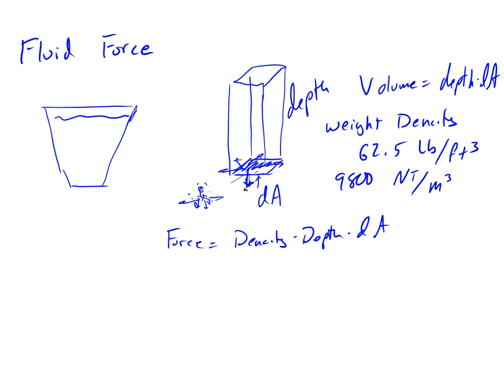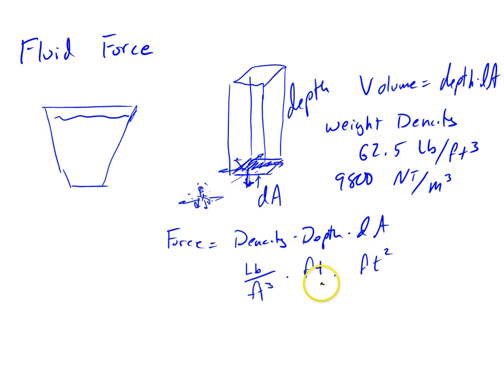So notice here that there's density times depth times a little bit of area. Being an American, I think in terms of pounds and feet. So density would be pounds per cubic foot times depth, which is just feet, times area, which is square feet.